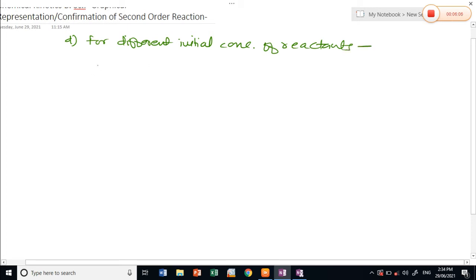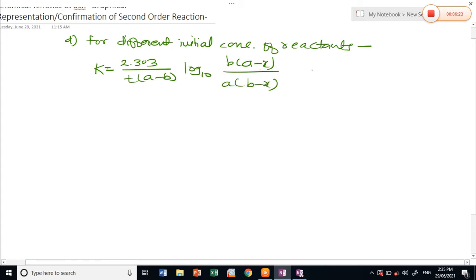We have the same formula, k is equal to 2.303 upon t into a minus b, log to the base 10 b into a minus x, a into b minus x, where a is greater than b. So this is the formula.